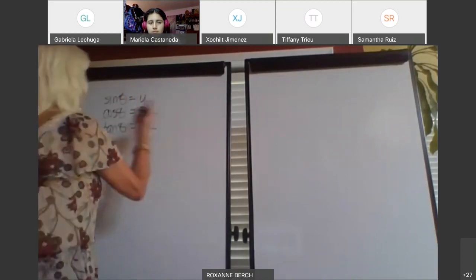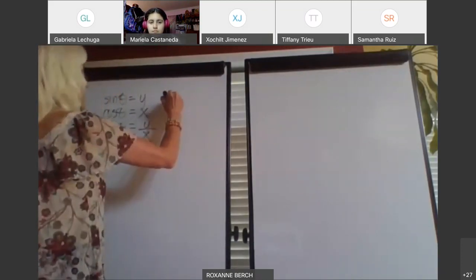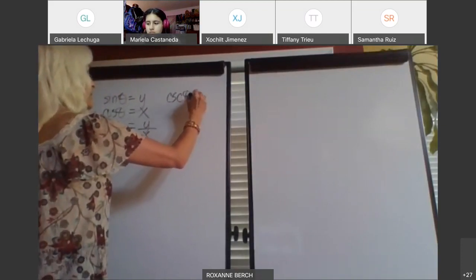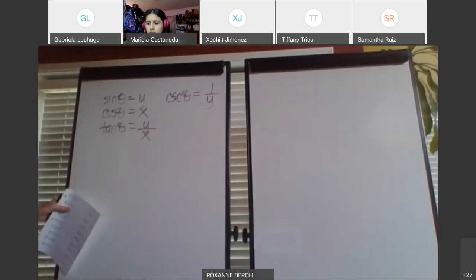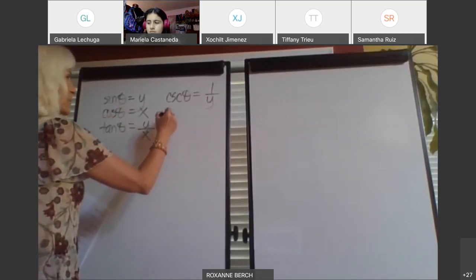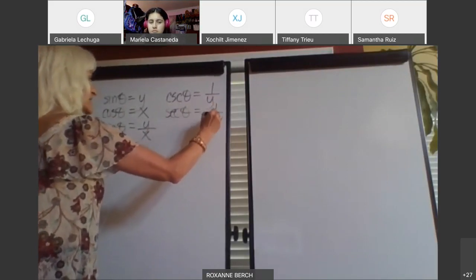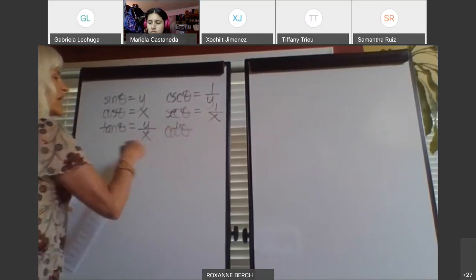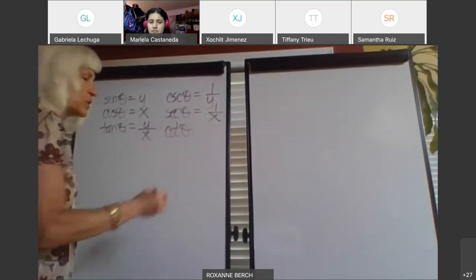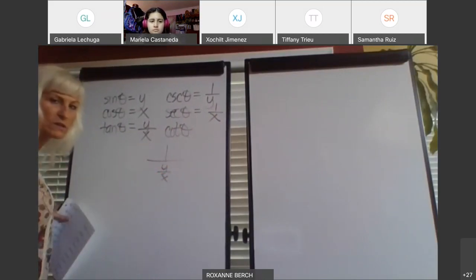Now, on the other side, sine's reciprocal is cosecant, and that's 1 over y. And cosine's reciprocal is secant, which is 1 over x. And cotangent is 1 over this, but do you realize when you take 1 over a fraction, it's just the reciprocal?